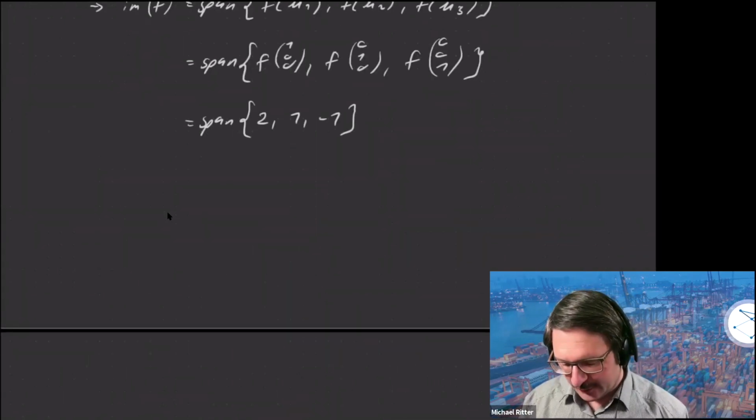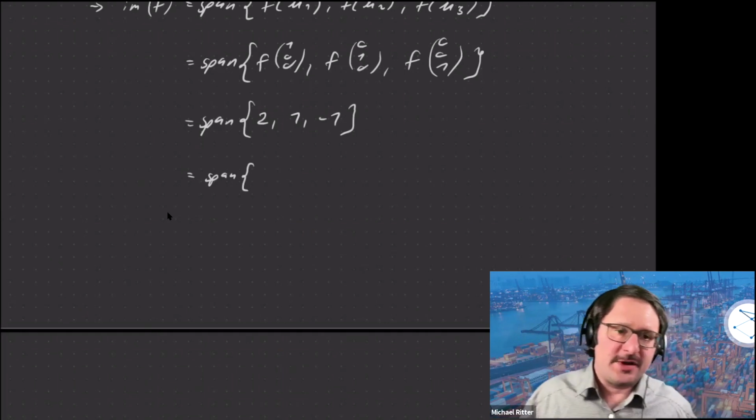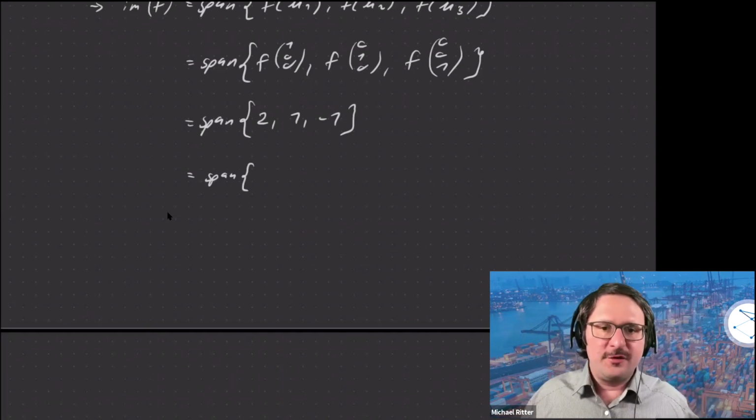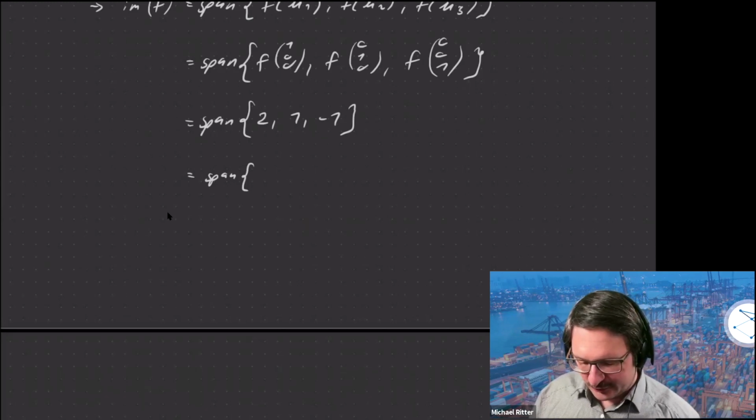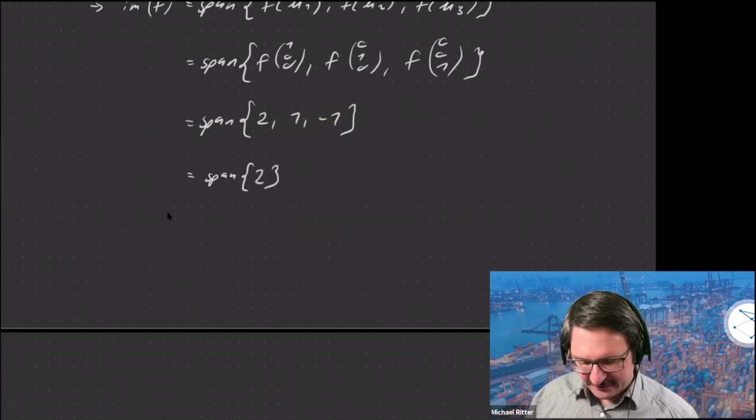Now we have to find a largest linearly independent subset. In other words, we have to reduce that set. We have to remove vectors until we get a linearly independent set. For example, we could just remove this one here and then this one here, and the 2 will remain.